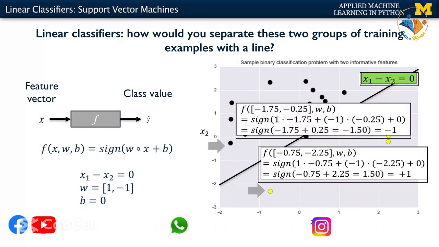If we look at a different point, let's take the point negative 1.75 and negative 0.25. This corresponds to the values of x1 and x2.